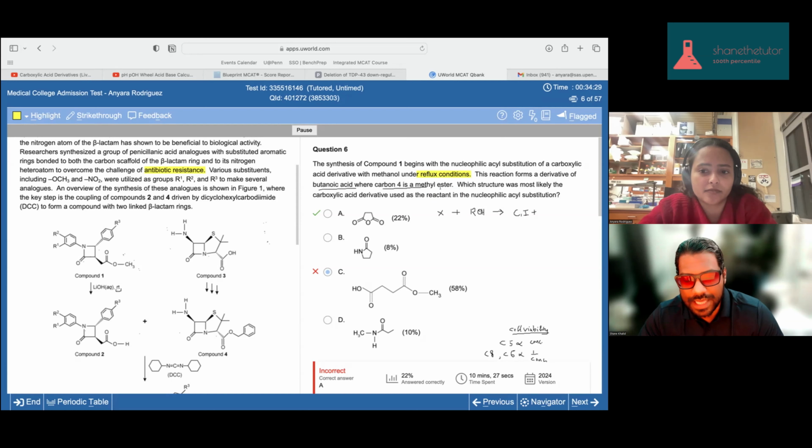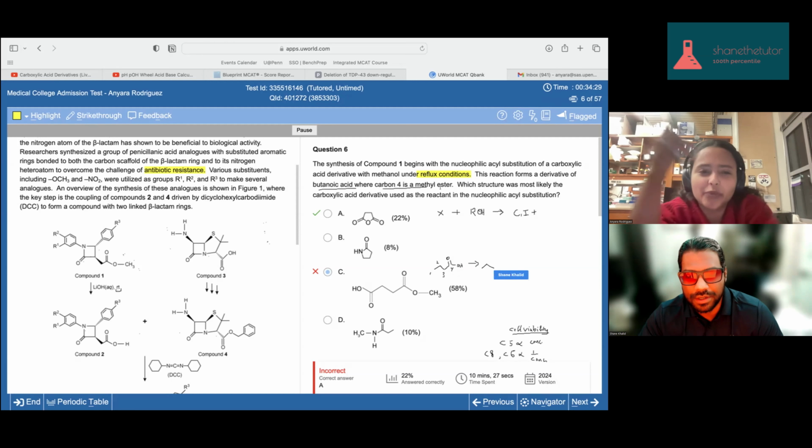So what does that look like? How many carbons are in the but part? Four. One, two, three, four. And so if this used to be butanoic acid, carbon one, carbon two, carbon three, carbon four, what they're doing is turning it into a methyl ester, right?